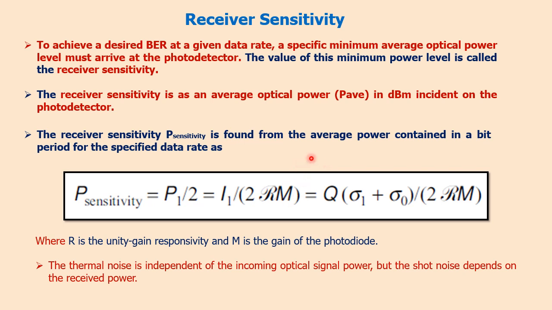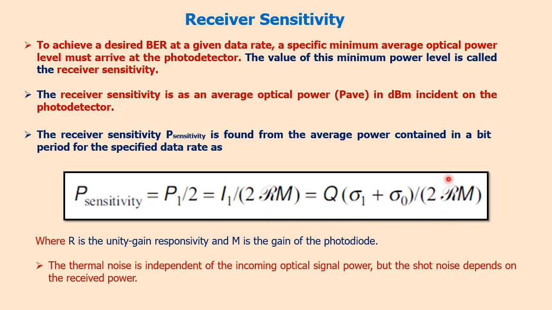For the optical receiver, we can find the receiver sensitivity, denoted as P sensitivity, from the average power contained in a bit period for the specified data rate, as P1 by 2, which is equal to Q of sigma 1 plus sigma naught by 2 into R into M, where R is the responsivity, capital M is the multiplication factor, and sigma 1 and sigma naught are the standard deviations for the 1 pulse and 0 pulse.